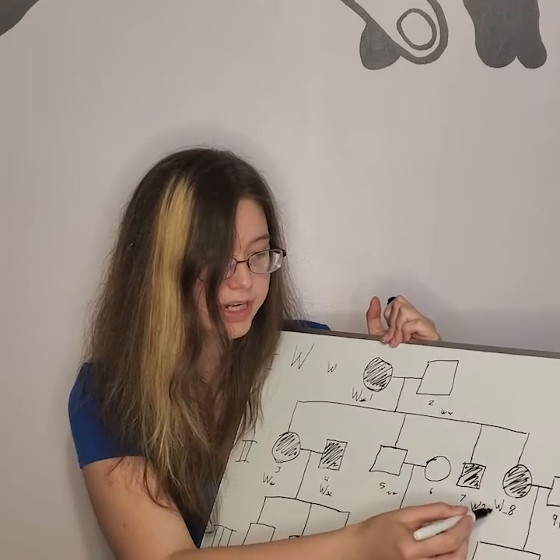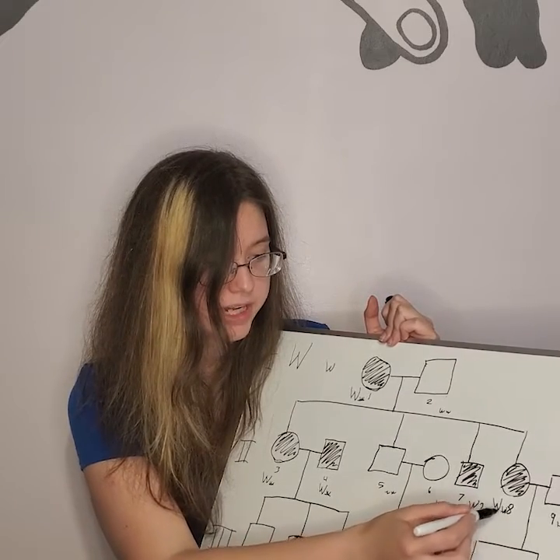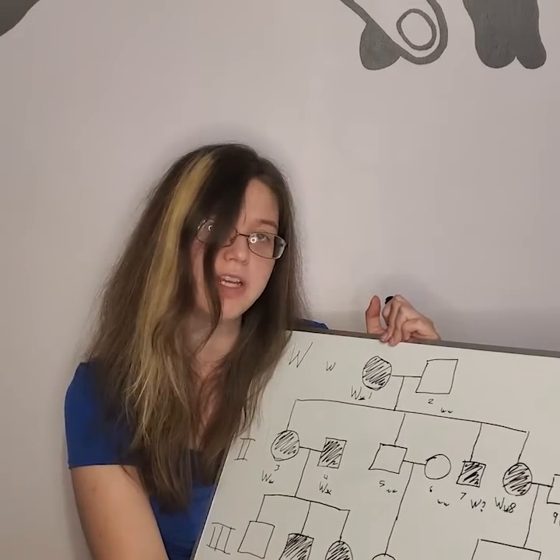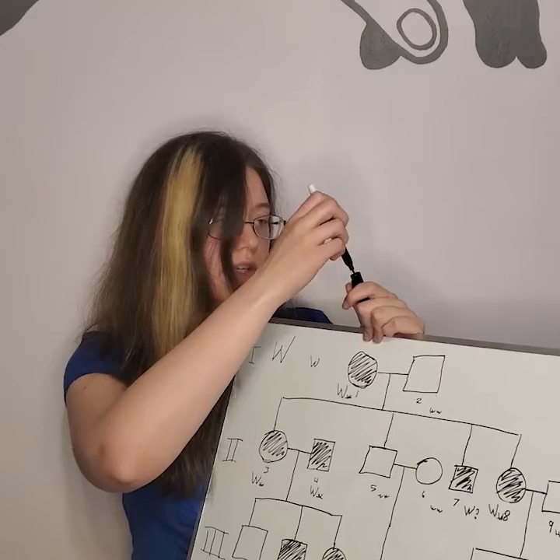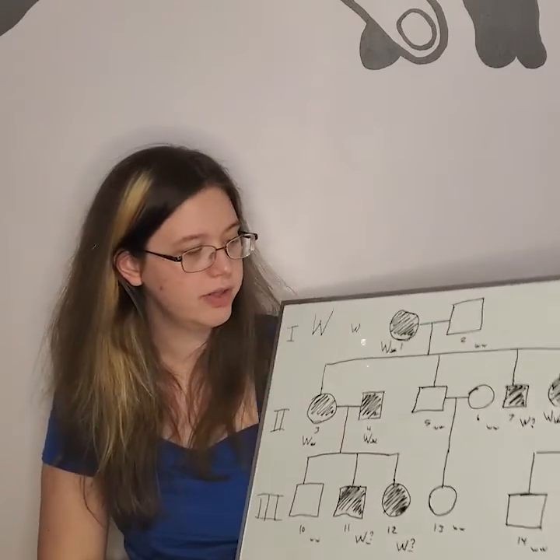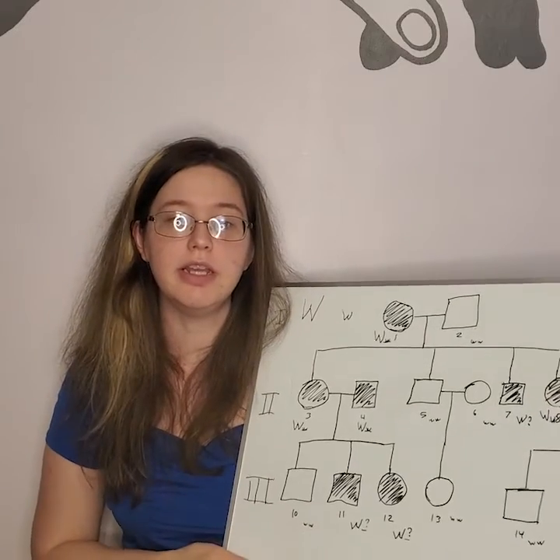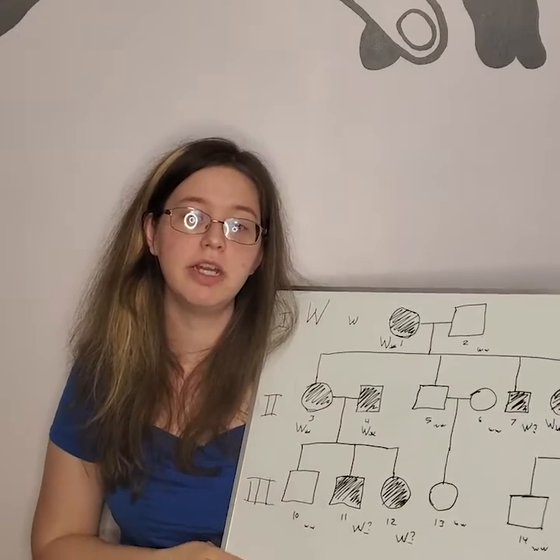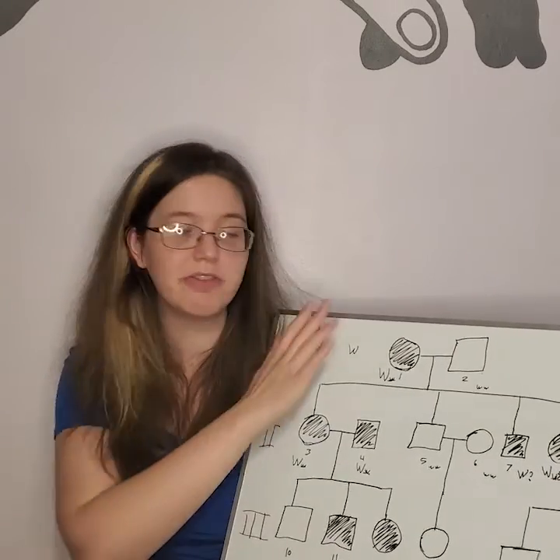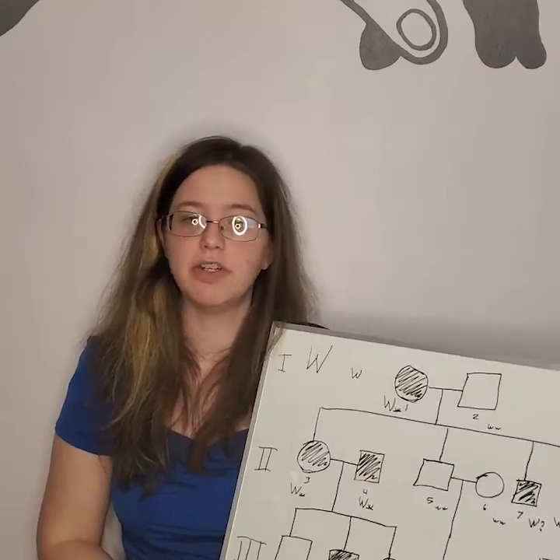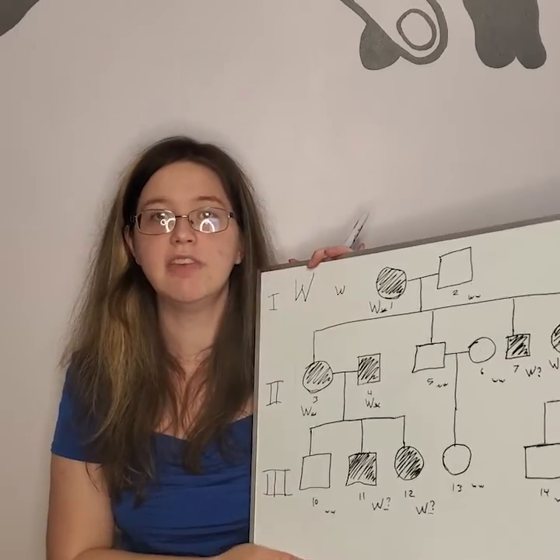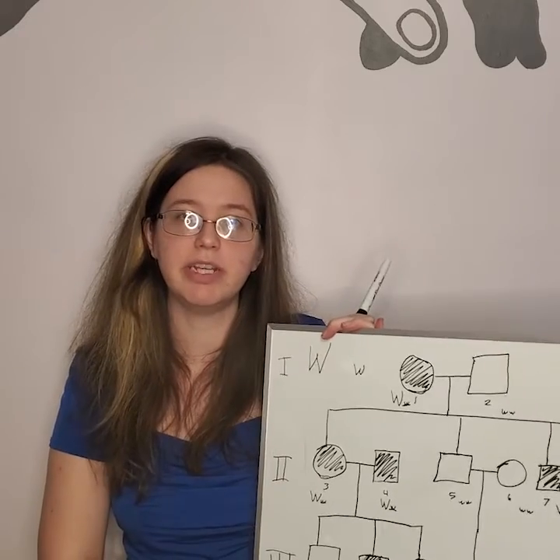So, figuring that out, this one has to be a little w, because they had 1 kid who didn't have a widow's peak. So, that's how we can figure out the specific patterns of inheritance through a family. Dominant traits are more expressed through a family over generations. And pedigrees show the history of a specific trait through a family.